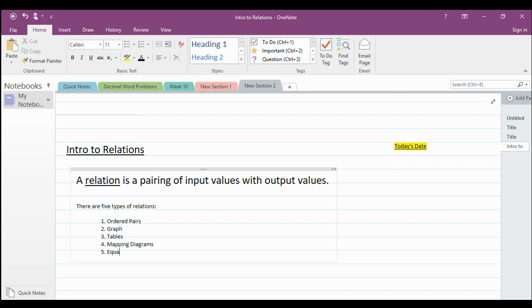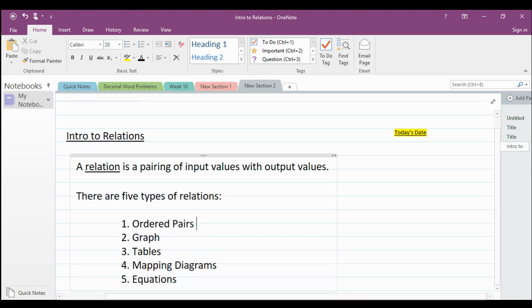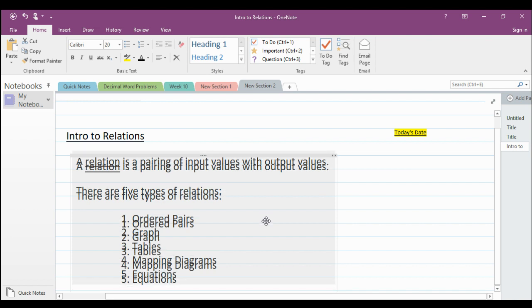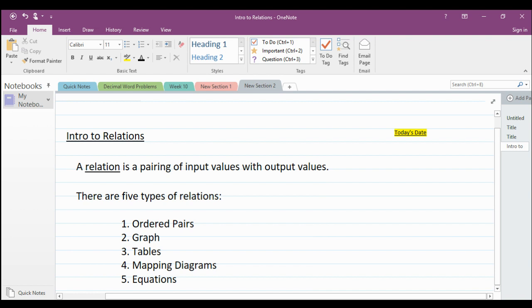And equations. So we're going to look at each of those today to get a sense of how those each work. So let me make sure this is lined up a little better. There we go. So we have 5 types of relations: ordered pairs, graphs, tables, mapping diagrams, and equations.